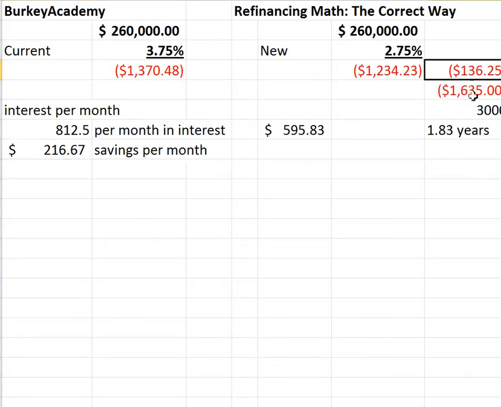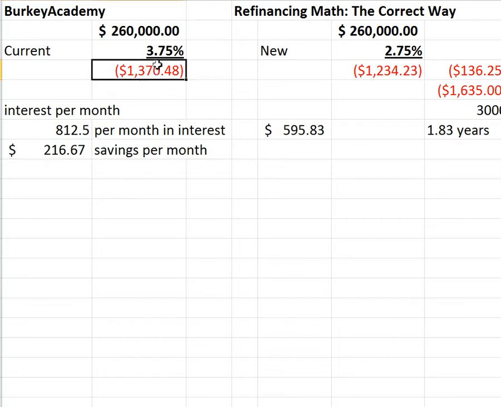Why is it that if our bill goes down only $136, how is it that our interest is going down more than that? A lot more than that, $216 per month. Well, let me show you what's going on here.